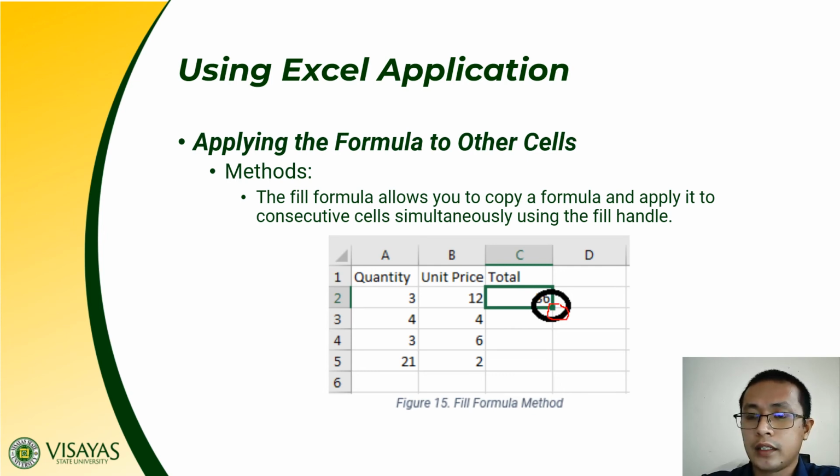It is located at the lower right portion of your active cell. So when you position your cursor in this part, it will change to crosshair. So meaning to say you can now click and drag the formula to apply it to other cells. You can click and drag, and then the formula will automatically be applied to other cells. That's your fill formula method.